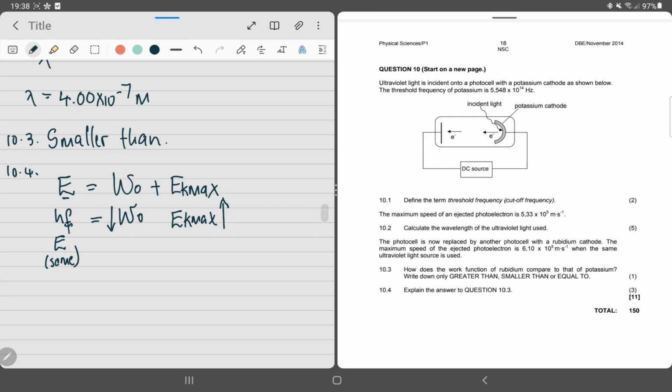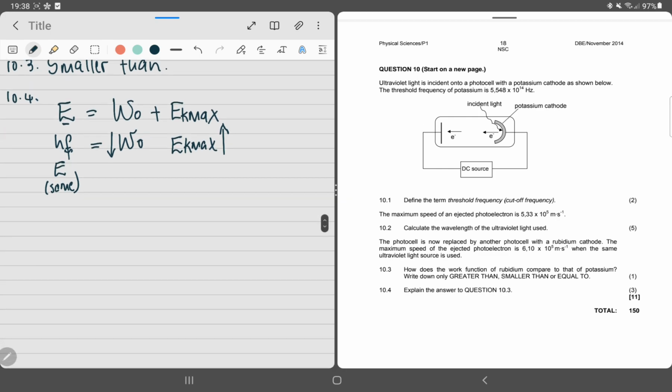down. Because remember, let's just use numbers. Let's just say the energy is 10. And then now I have initially, when I was using the potassium, okay, let's just do this. This is 10 for the potassium. It was 10, and then the speed here was 6. It means that the work function here was 4.